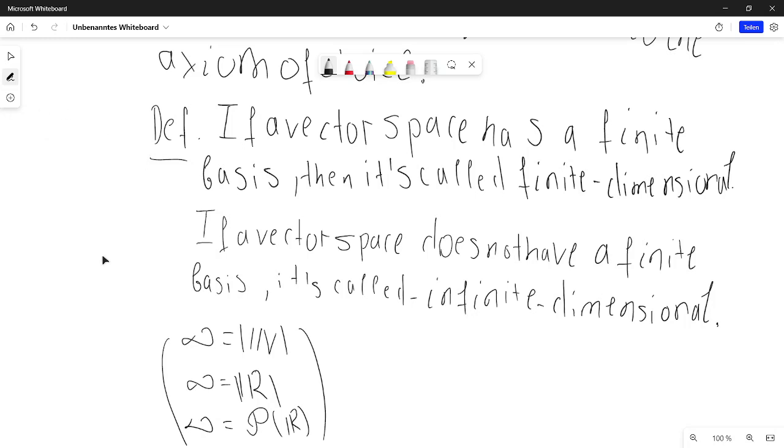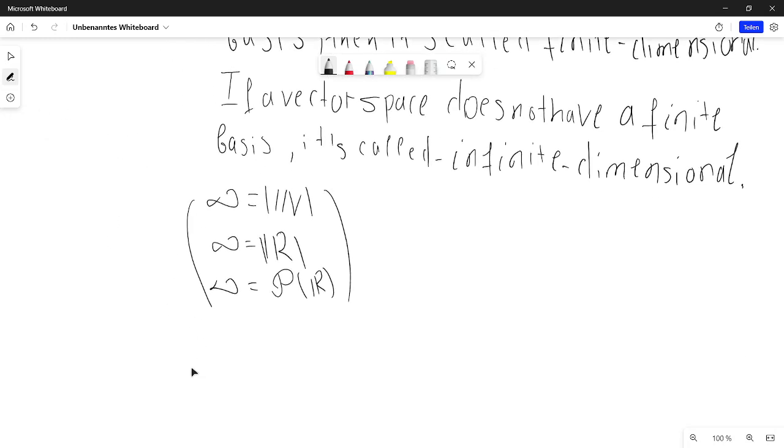Right, okay. Theorem. And now we'll see if we can prove it.